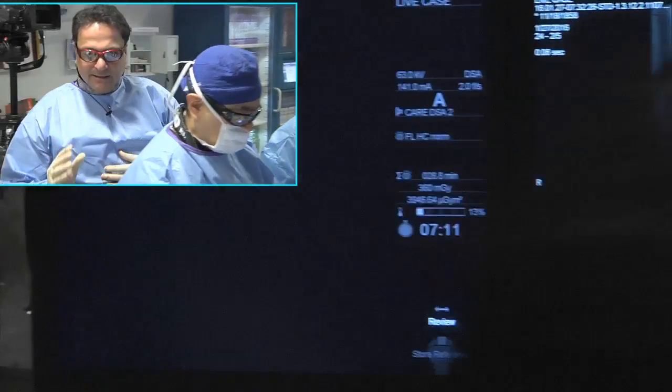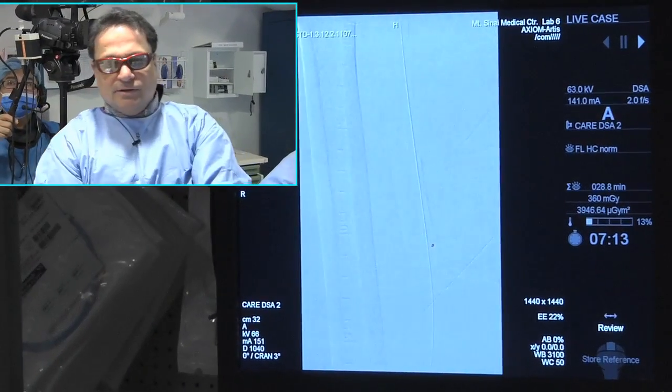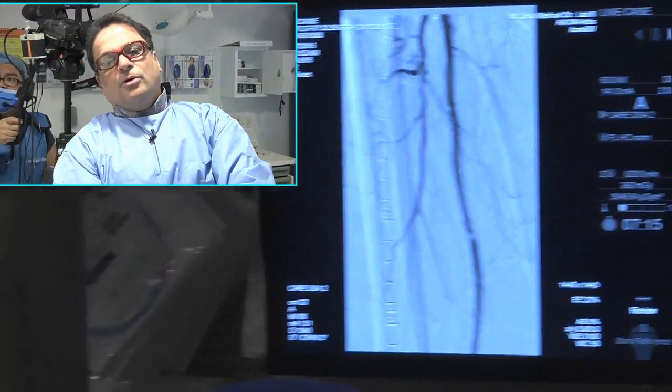So I think this case has a lot of merits that we talked about. First and foremost, we looked at a long segment CTO in today's day and age. If you look at today's day and age in terms of how we handle these difficult to treat lesions, I think it's important to correlate the data along with the anatomic presentation of the disease.